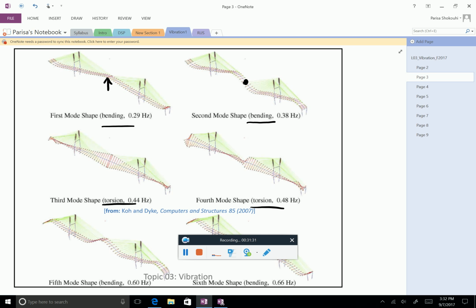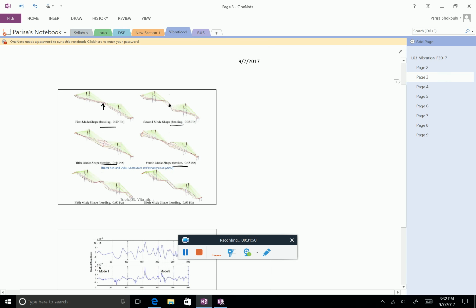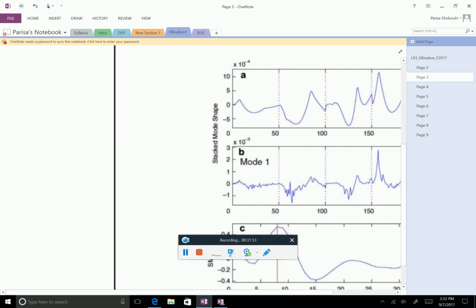That could mean that they may be deteriorated. Maybe the bridge at that location has some big problem. The concept is clear?